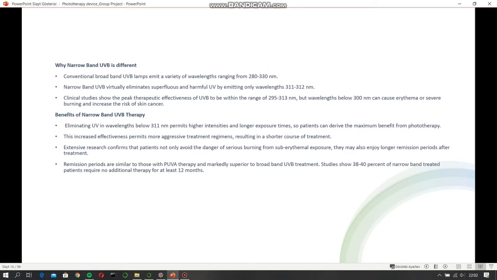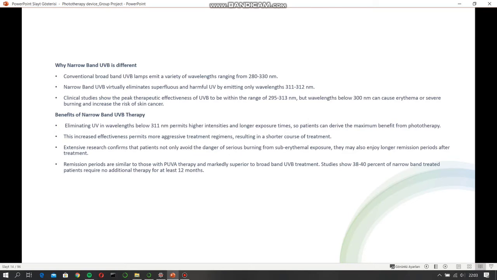Extensive research confirms the patients not only avoid the danger of serious burning from suberythemal exposure, they may also enjoy longer remission periods after treatment. Remission periods are similar to those with PUVA, also called psoralen ultraviolet type A therapy, and markedly superior to broadband ultraviolet B treatment.